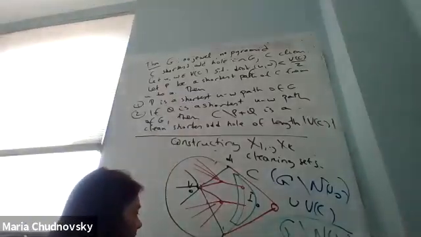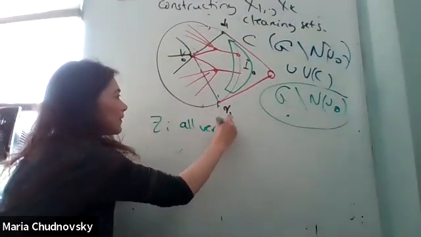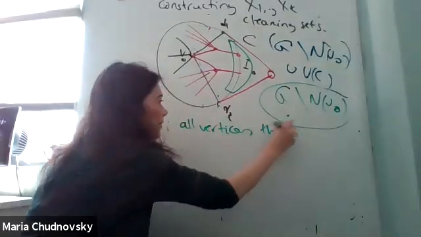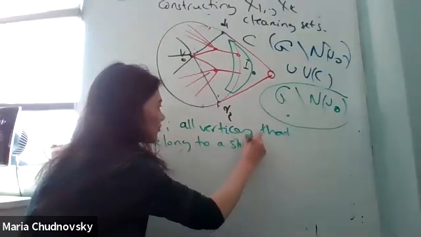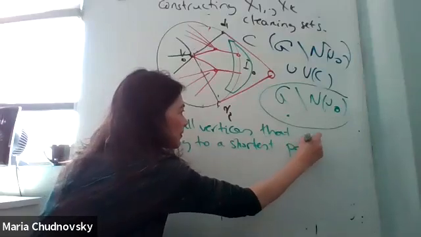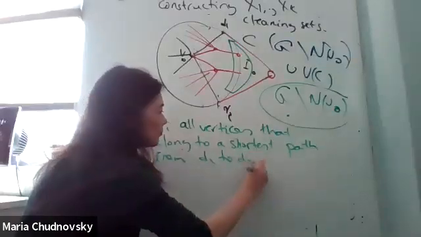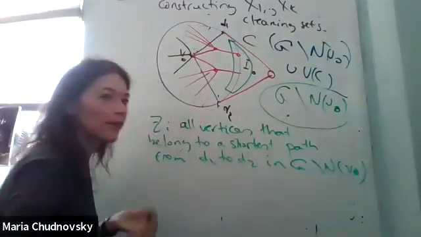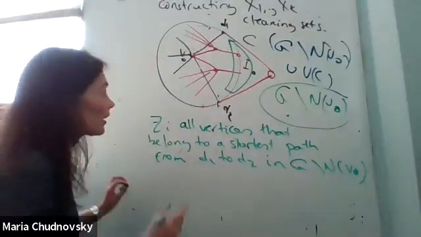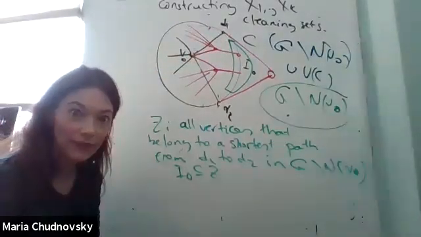So Z is the set of all vertices that belong to a shortest path from D1 to D2 in G minus N of V0. And that's something that's not difficult to compute. So in particular, I0 is a subset of Z because I0 is some such shortest path.